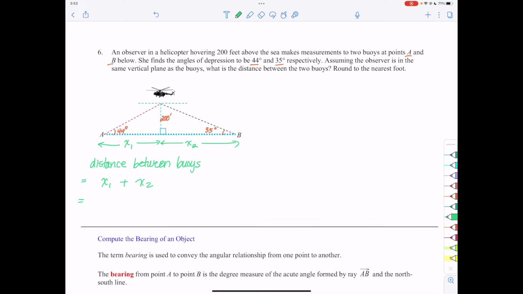Again, we have opposite and we're looking for adjacent. So we will use the tangent for both of those. So we can first say that the tangent of 44 degrees is going to be 200 divided by x1. And let's go ahead and write our second equation. The tangent of 35 degrees is going to be 200 divided by x2.